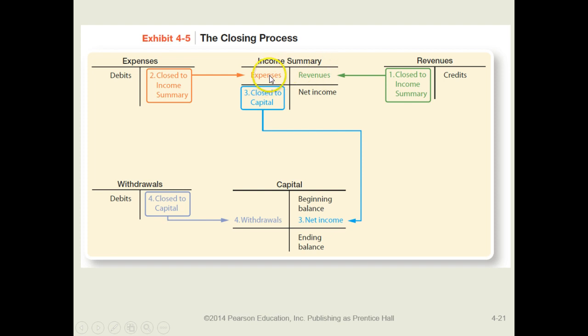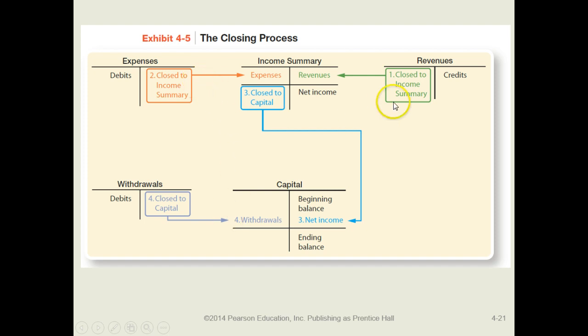The difference between the two, the ending balance, is our net income, and that's what we transfer to the capital account. So step 3 is to close the income summary and credit capital for the amount of net income. The very last step is to close the withdrawals account. By crediting it, we debit the capital account.